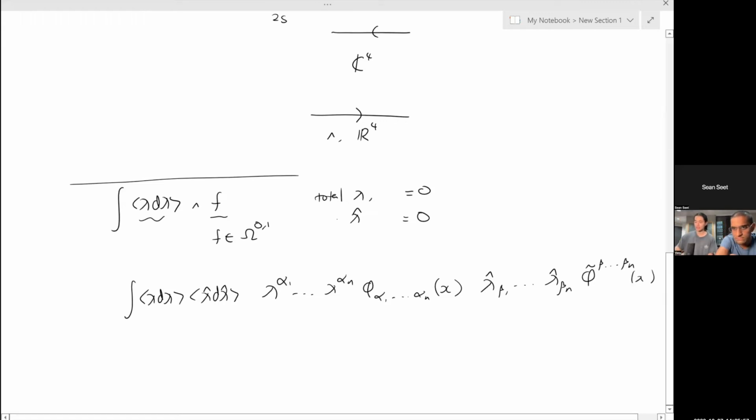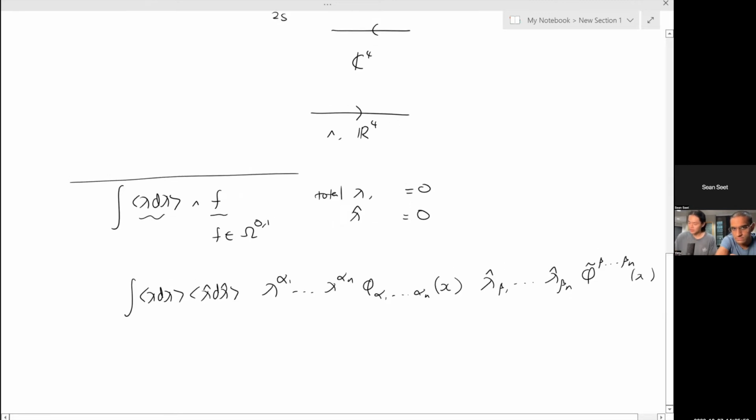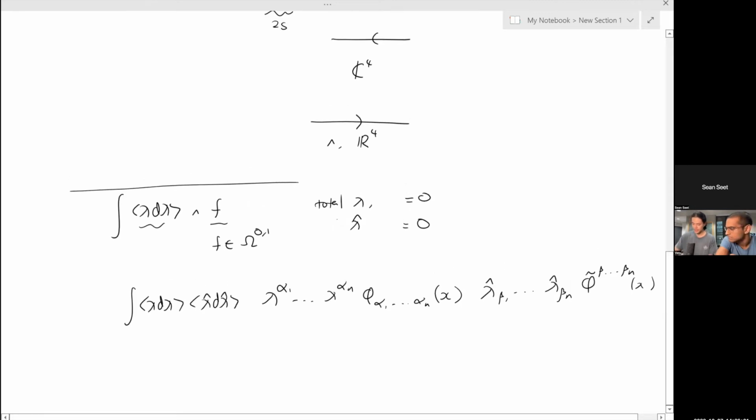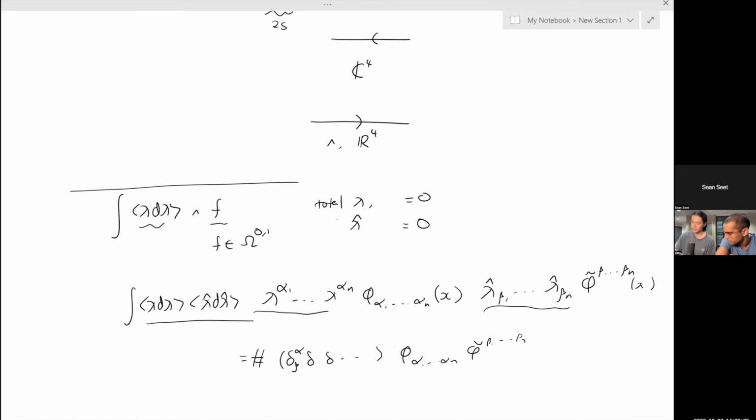Nair's lemma says that if the weights balance, so that this is a valid integral to write down, all of these just pair up with all of these. So you get some number, and alpha gets fully contracted into alpha tilde. If I write it in a less lazy way, you just get a bunch of deltas: alpha, beta, and then phi alpha 1, phi 2, beta 1, ... beta n. So this evaluation is a step that we will need.